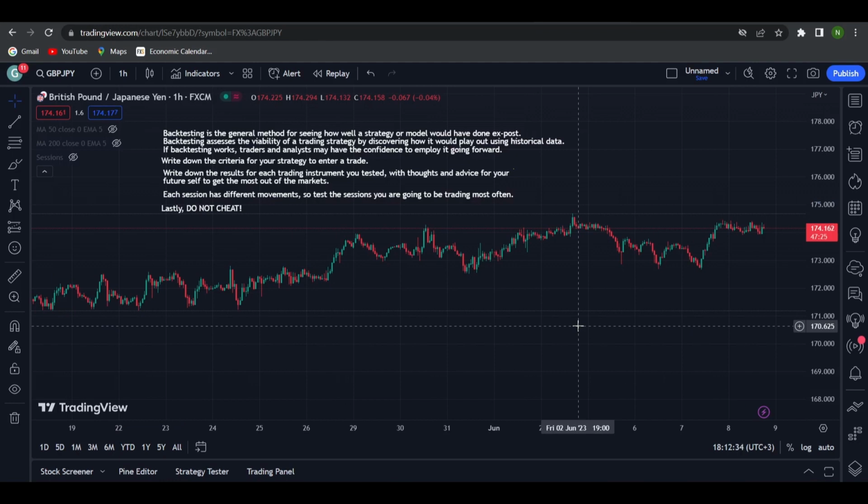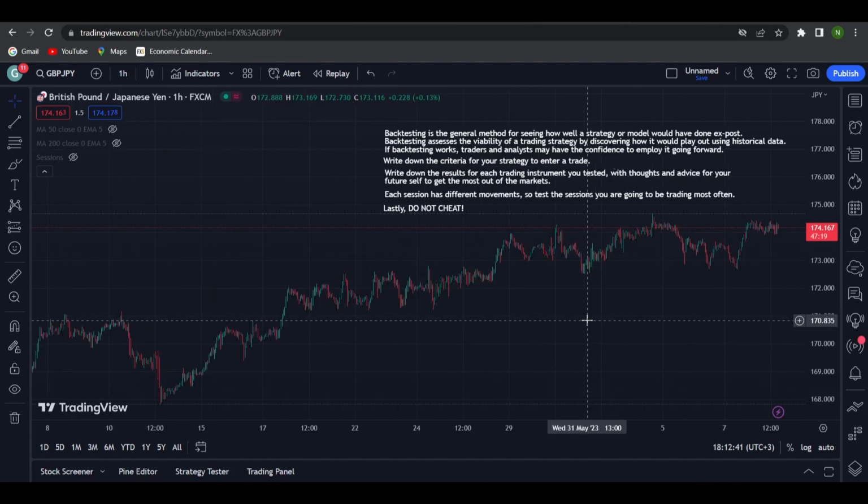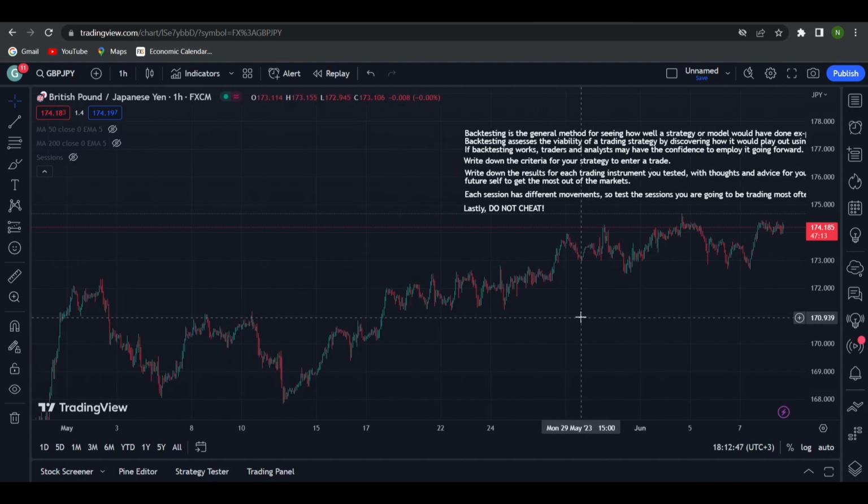And lastly, probably the most important and very obvious one, is do not cheat when backtesting. Cheating when backtesting can be tempting because you obviously have the results of the test. You need to be consistent and place the trades even if you are losing those trades. That will give you a better idea of how well it might perform in the live markets.